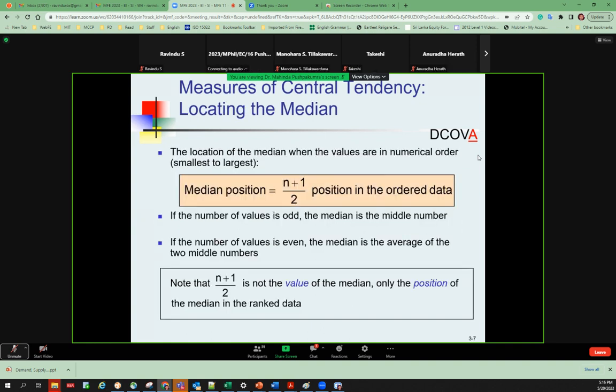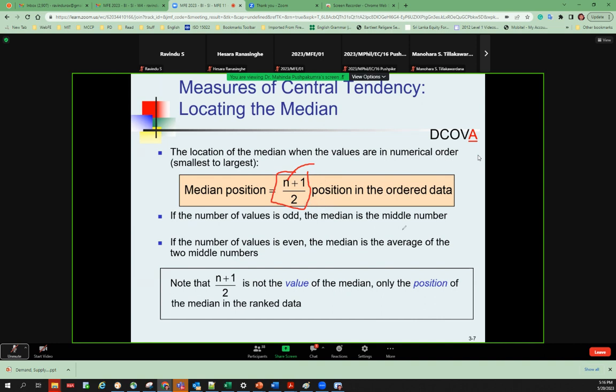Then you should know how to identify the median. Okay. Position of the median. This is the formula. N is the number of observations, plus 1, over 2.